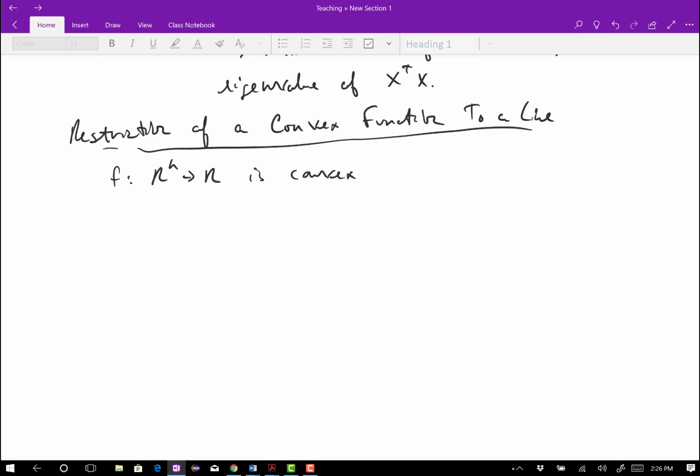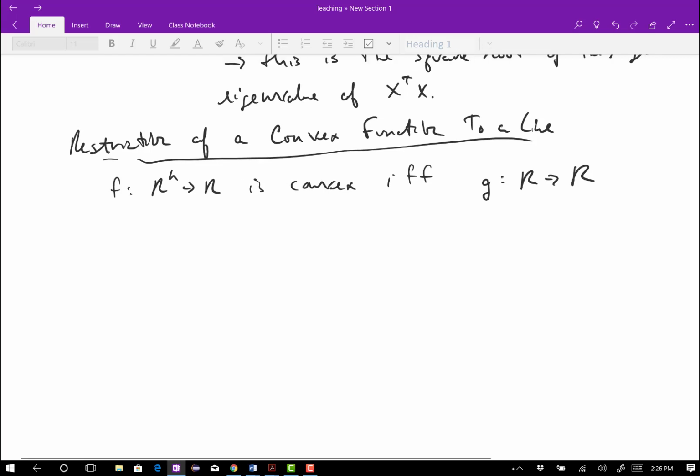And we can say that this function is convex if and only if the function g is a mapping from R to R. So a function is convex if and only if it is convex when restricted to any line, where, so we'll define these functions now.